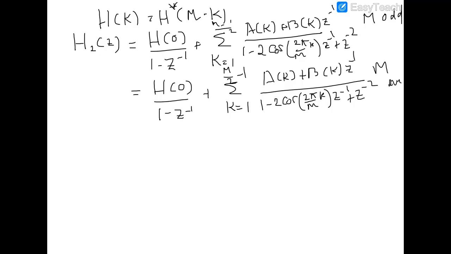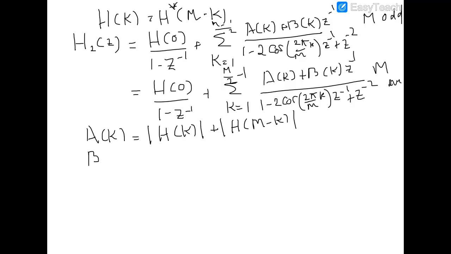For this particular problem, let us try to find out the values of a of k and b of k. A of k is defined as the magnitude of h of k plus the magnitude of h of m minus k.